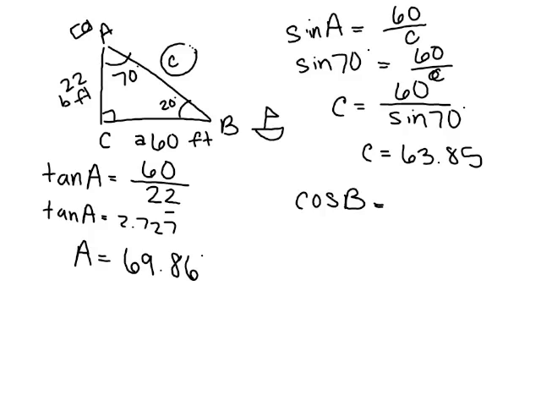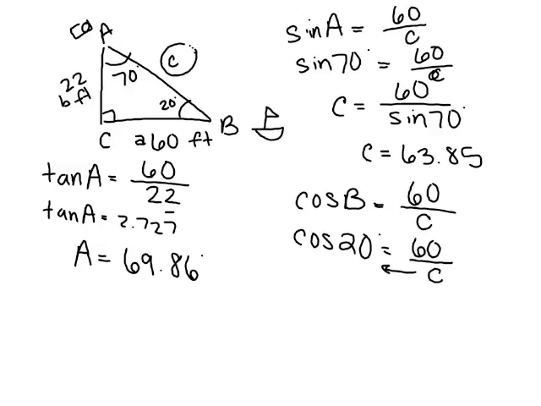Which side is adjacent to angle B? It's our 60. So 60 feet over the hypotenuse. Angle B is a 20-degree angle. Cosine 20 degrees equals 60 over the hypotenuse.